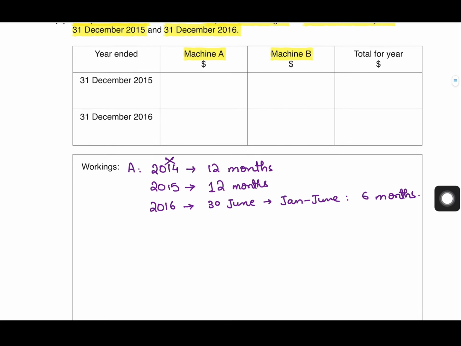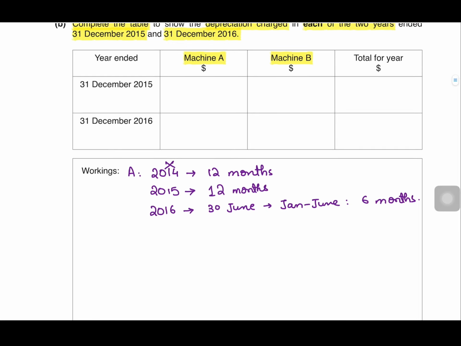In 2015, full 12 months of depreciation would have been charged, right? So what is the cost? The cost is $12,000. When we multiply it with 20%, we'll have our depreciation for machinery A in 2015, and that would be 2,400, right? Then what would have happened in 2016?